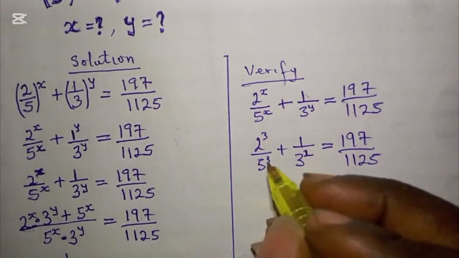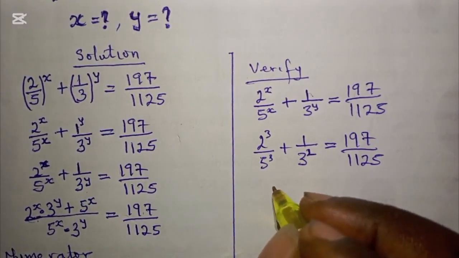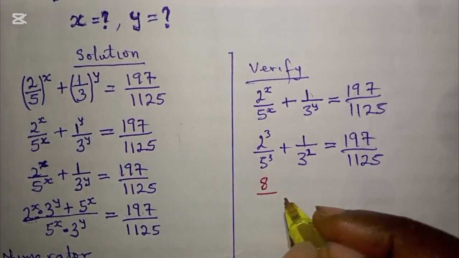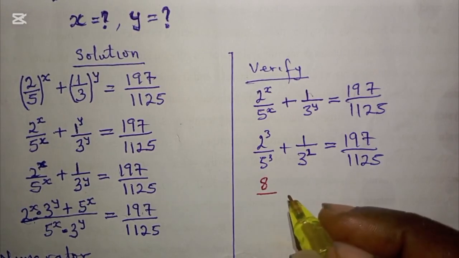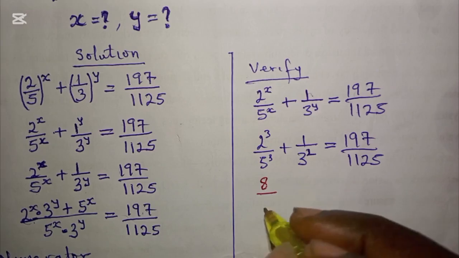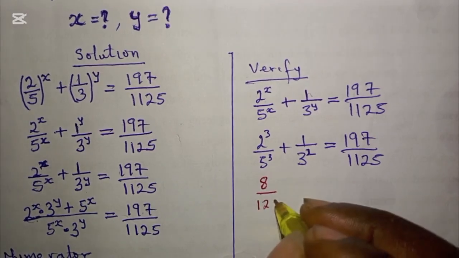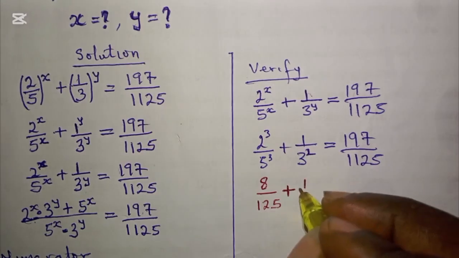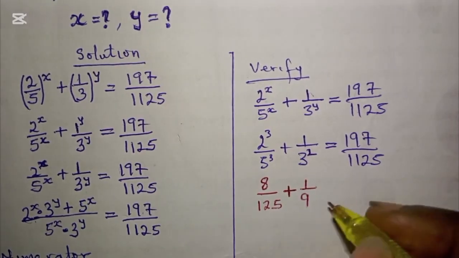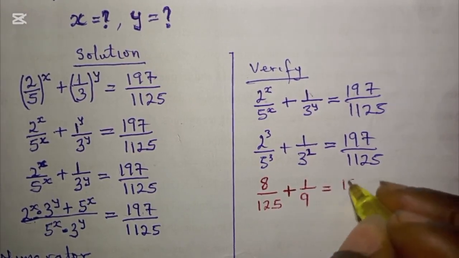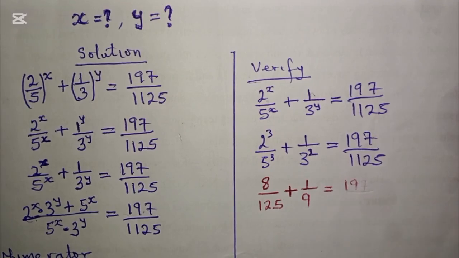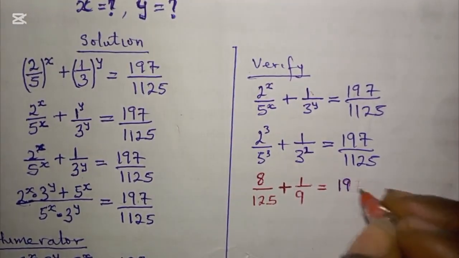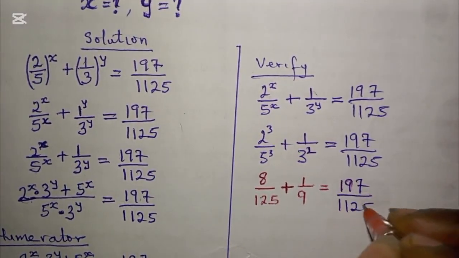So 2 raised to the power of 3, that's 2 times 2 times 2, that gives us 8, divided by 5 raised to the power of 3, that gives us 125, plus 1 divided by 9, which is equal to 197 divided by 1125.